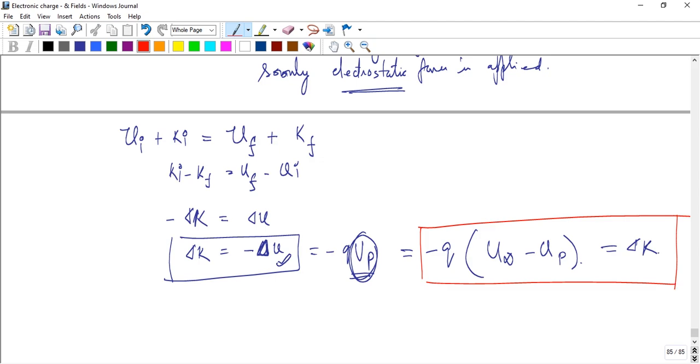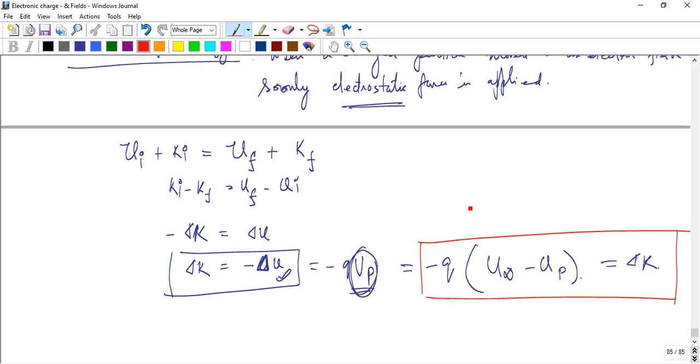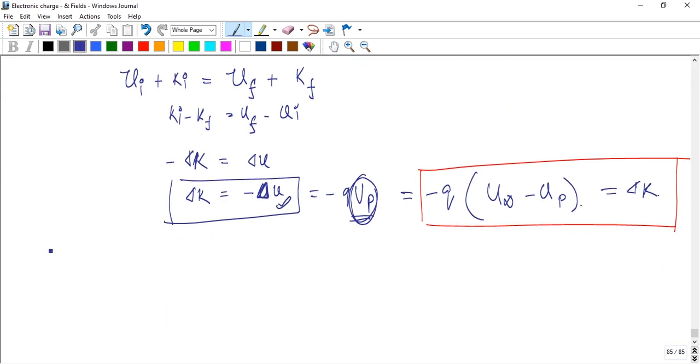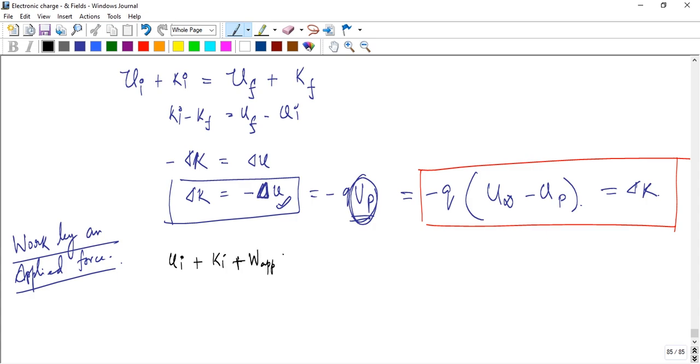Next we discuss work by an applied force. In the case of an applied force, suppose before an event, the initial potential energy plus initial kinetic energy, with some applied external force, is equal to the final potential energy plus final kinetic energy.